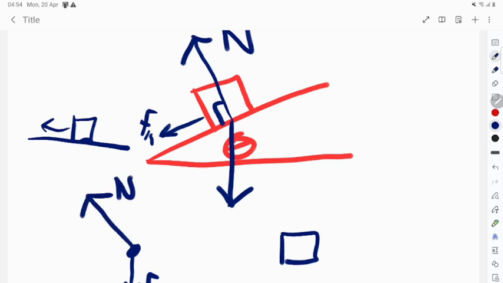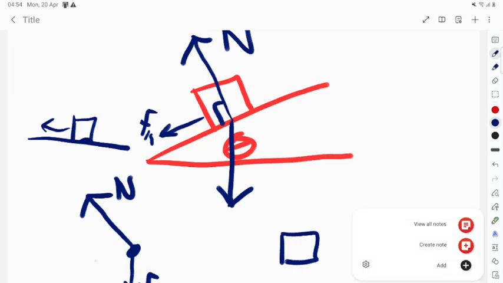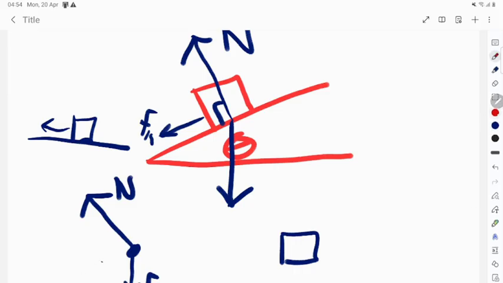Why? Because this is the surface. My normal force has to be perpendicular to the surface. If I draw it here, this is not perpendicular to the surface, so that is why I draw it at an angle.